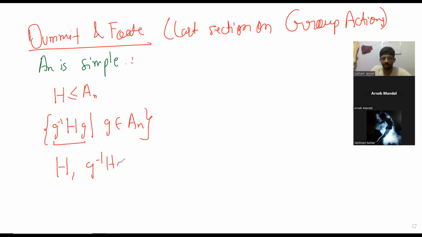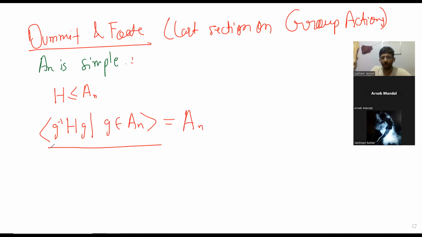G inverse H G is a group. This you can prove because it's the image of a subgroup under a homomorphism, and the image of a group is a group. But right now, what you are looking at is a union of groups. A union of groups is not a group, right? Otherwise, why would you have the concept of group generated? So you take the group generated, and that you will get all of A_n, because this group will be normal by definition.